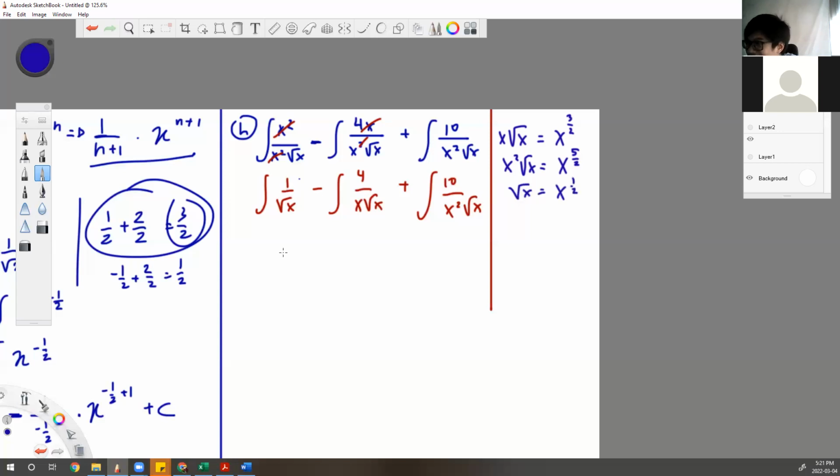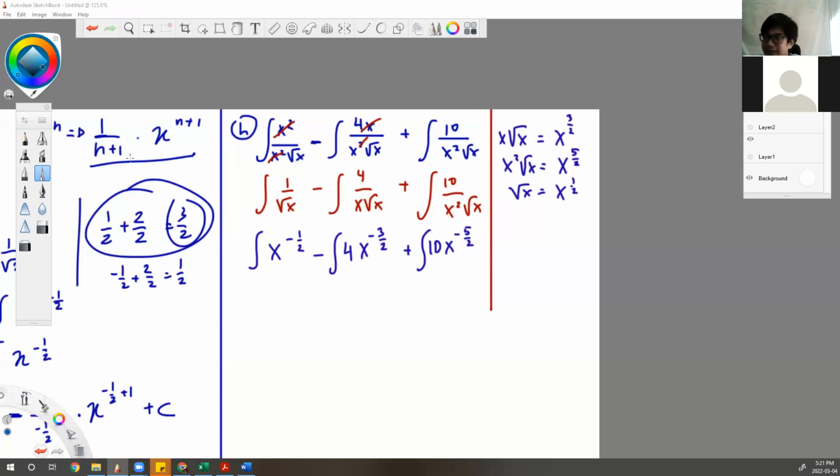Okay, I forgot to do the simple way, the simple expressions first. So the integration of x power negative half. Why negative? Because it is on the denominator. Everything is on the denominator, so you have to make sure that it is negative. Half for x power negative 3 over 2, using this, plus 10 x power negative 5 over 2. And then we start to integrate this.